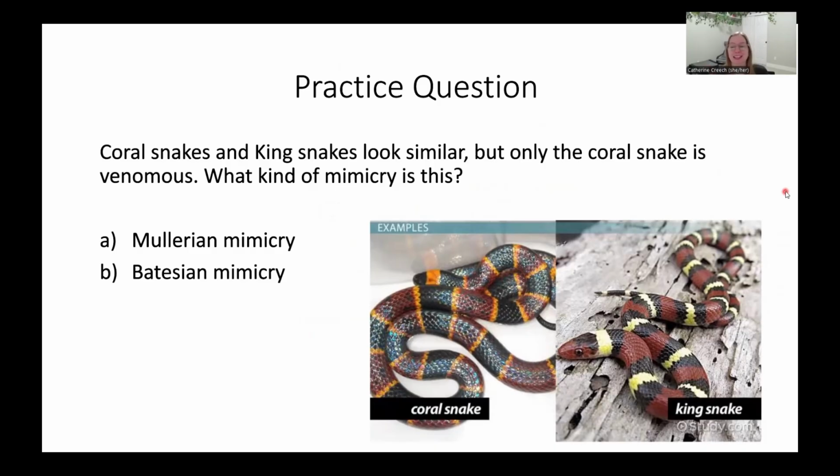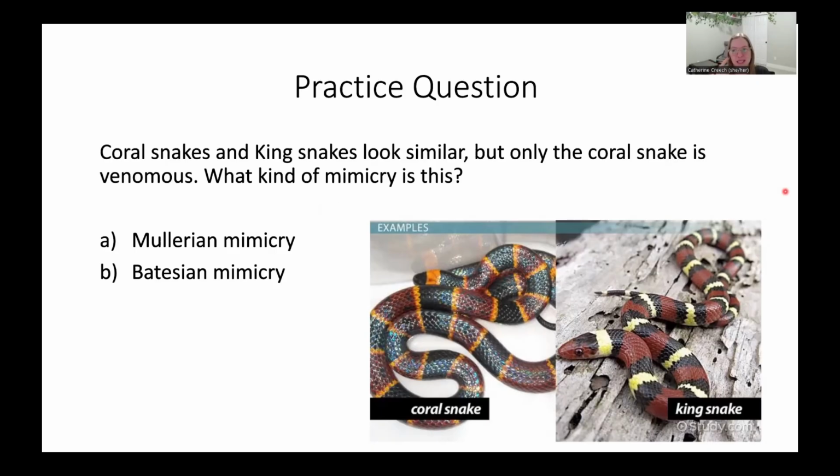Coral snakes and king snakes look similar, but coral snakes are venomous. What kind of mimicry is this? It's Batesian. I don't know if you were a young person in the 90s, but we had a phrase that we used to use. We would call people biters, and that meant that they were copying you.